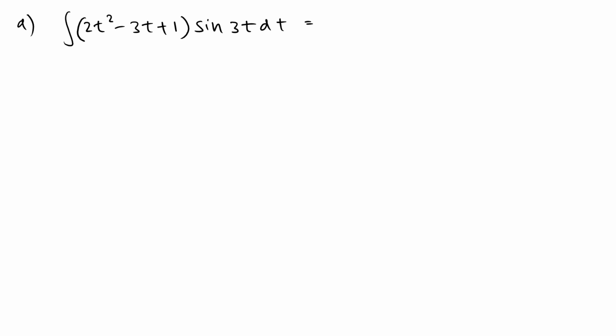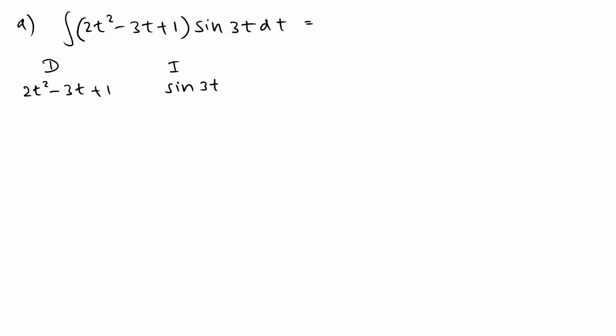Since we have more terms, I'm going to use the DI method for this one. So we have the D and the I. The polynomial is going to go with the D, because once you take the derivative it looks simple, and we're going to put the trig function for the I. According to LIATE, you have to pick the polynomial first.